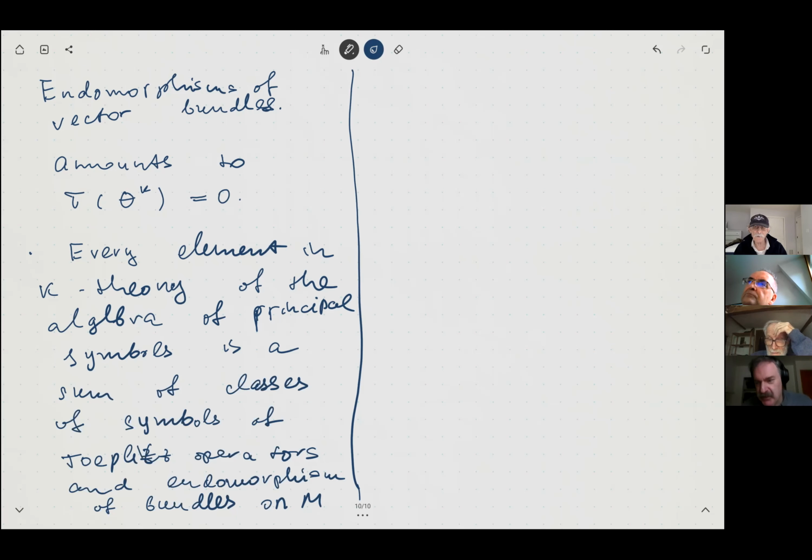But in the formula for the Toeplitz operators' index, are you sure you have the correct characteristic class? I mean, it will be some characteristic class, but are you absolutely certain that the A hat class is the correct characteristic class? Yes.